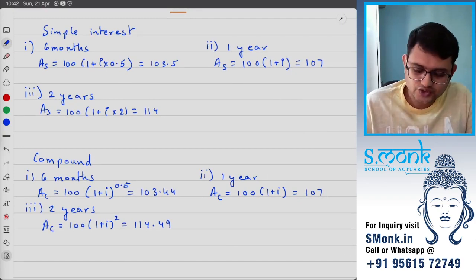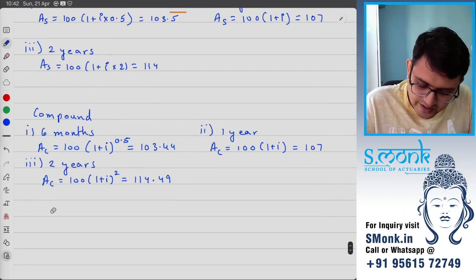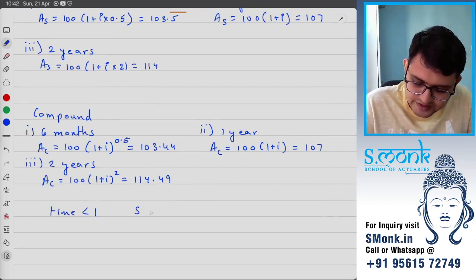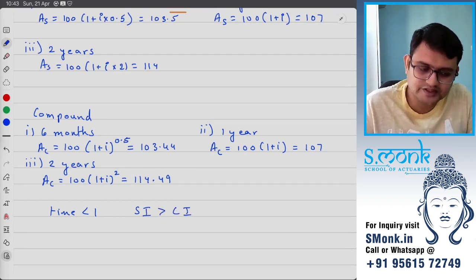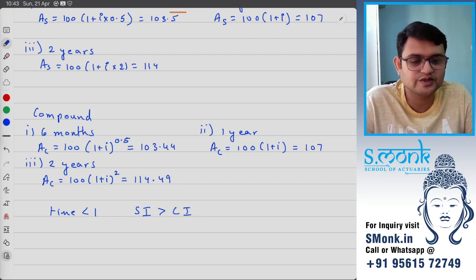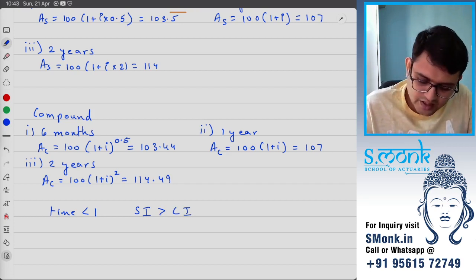So if time is less than 1 year, then simple interest will be more than compound interest.